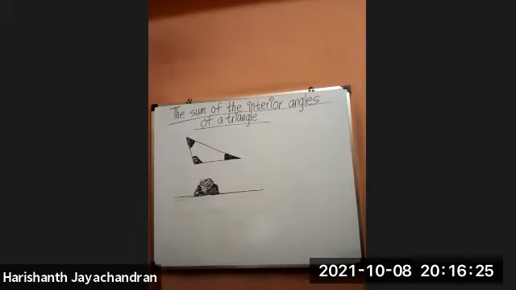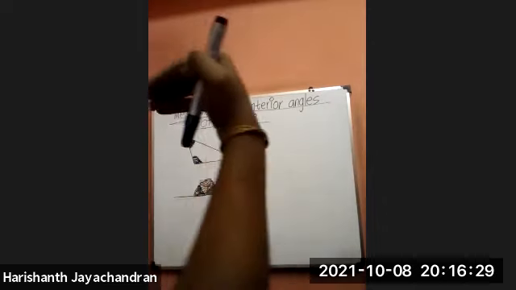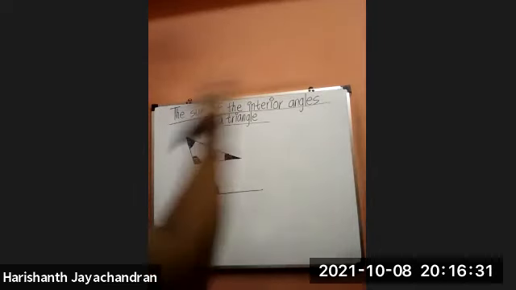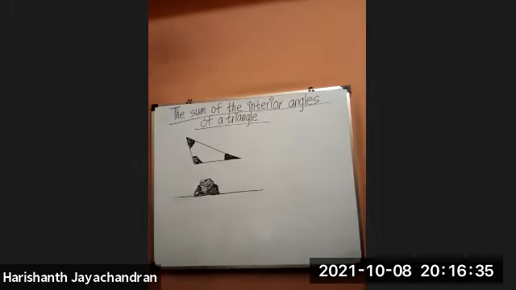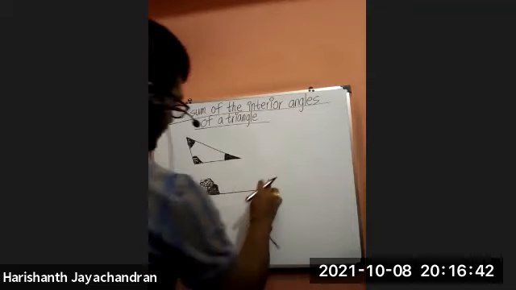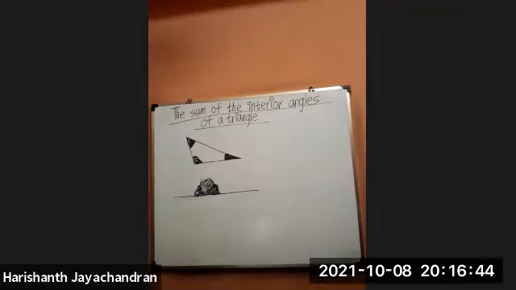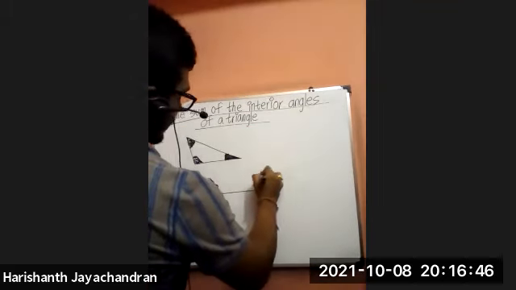Based on this idea, knowing that the sum of the interior angles of a triangle is 180 degrees, we are going to do a few questions based on this theorem, right?